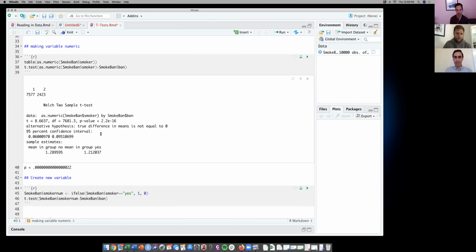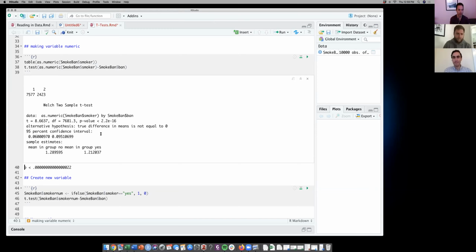Right. And generally, we're looking for something where you would say there's less than a 5% chance that these things are actually the same. And since this is way less than 5%, you can conclude that they're different. Yeah, that's a really great way of restating it.